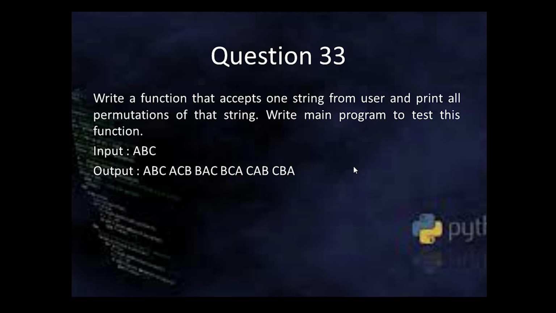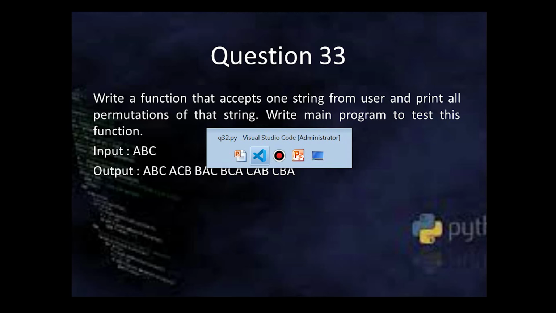You can do this very easily by using a ready-made function called permutations. But permutations is a function in one package called itertools. We'll use that function, and how it works I'll also tell you.